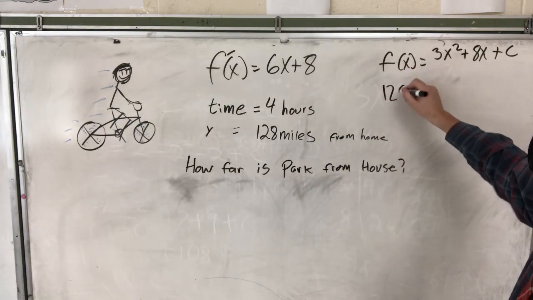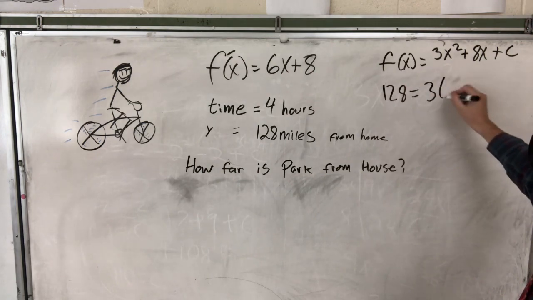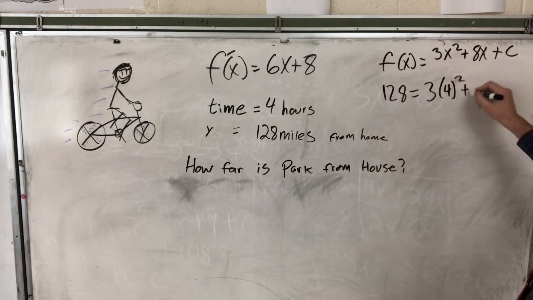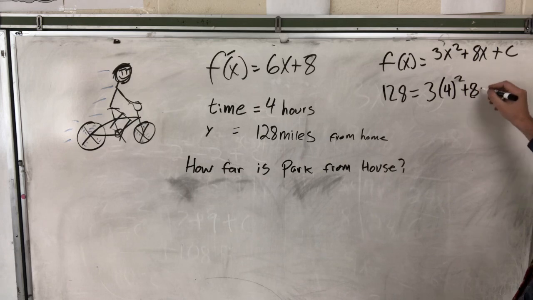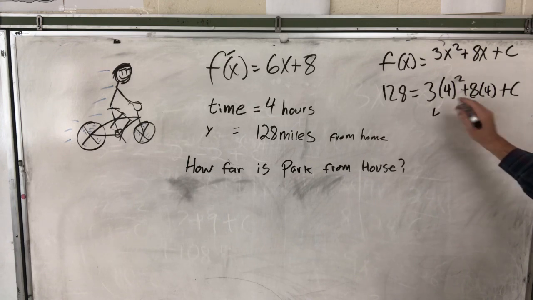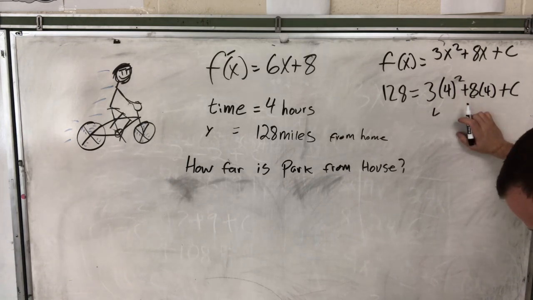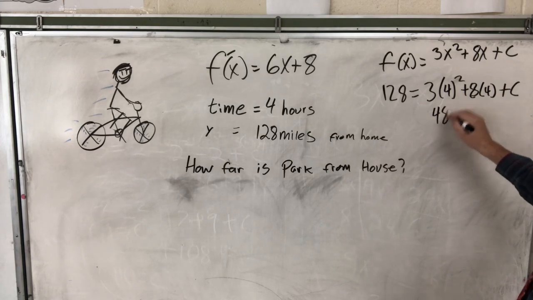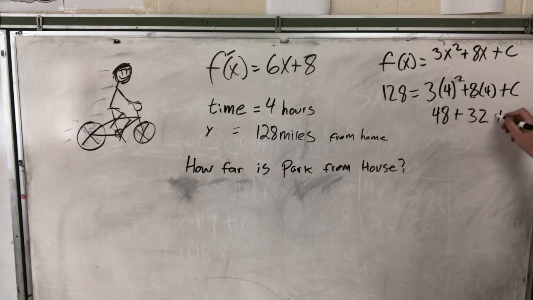So 128 equals 3 times 4 squared plus 8 times 4 plus c. 16 times 3 is 48, plus 32, plus c.